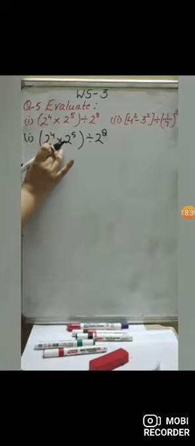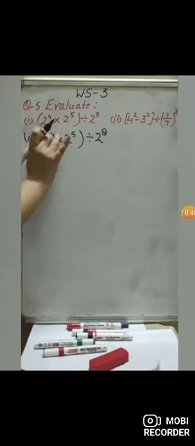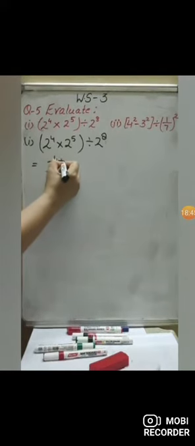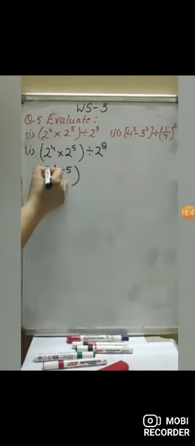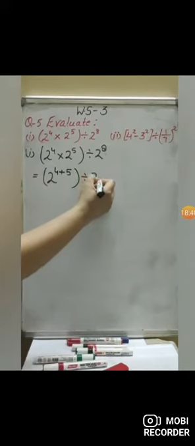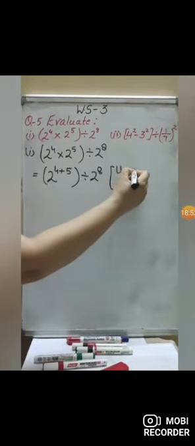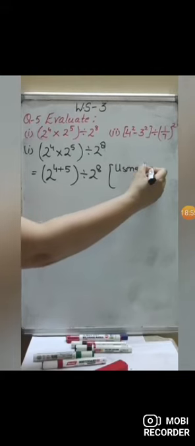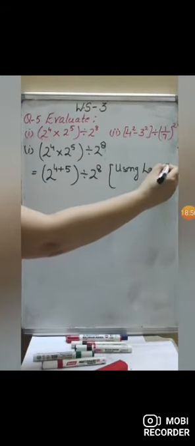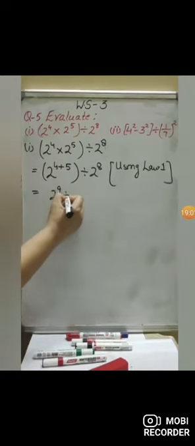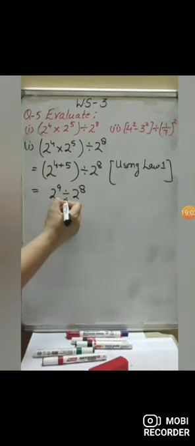In case of multiplication, if bases are same, powers will add. So it will be written as 2 raised to power (4 plus 5) whole divided by 2 raised to power 8. Using which law? Yes, using law 1. So this is equals to 2 raised to power 9 divided by 2 raised to power 8.